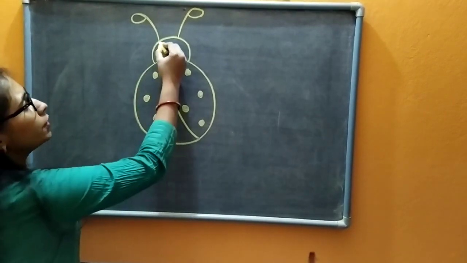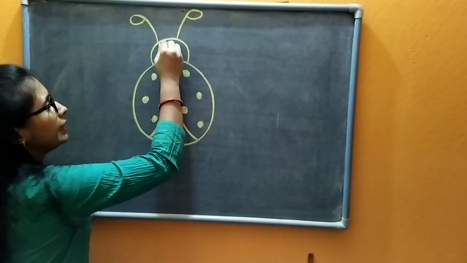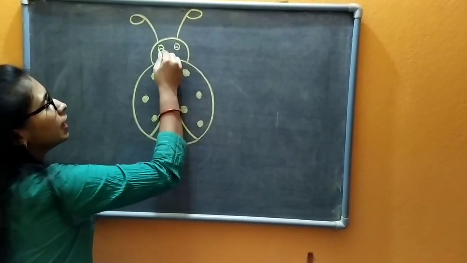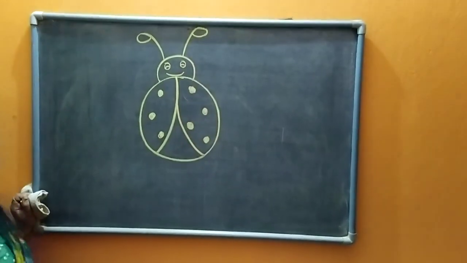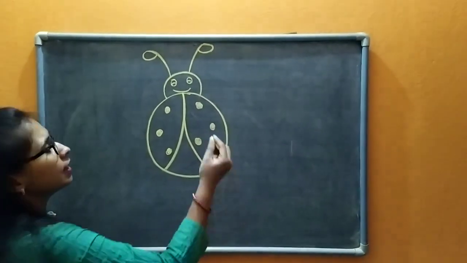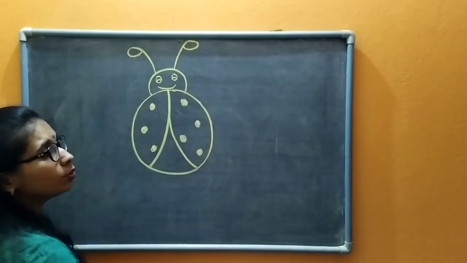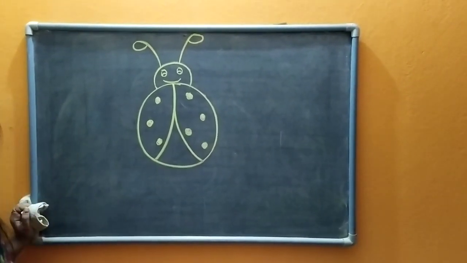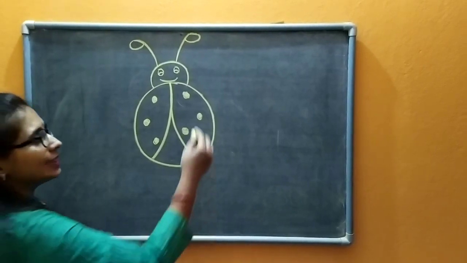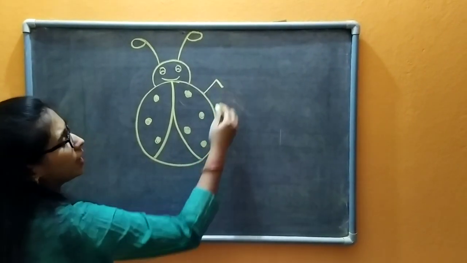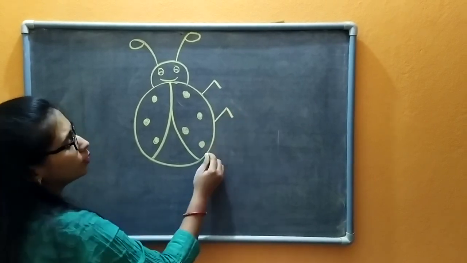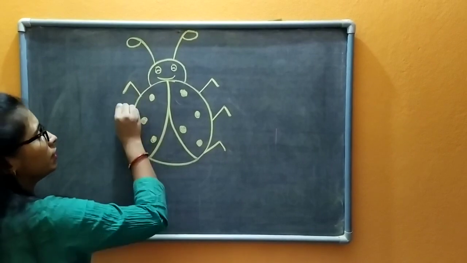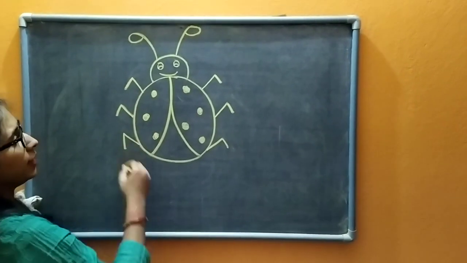Now I am going to draw its eyes and a smile. Your bug is smiling. How many legs does an insect have? Do you know how many legs an insect has? 6. So we will draw 6. 1, 2, 3, 4, 5, 6.